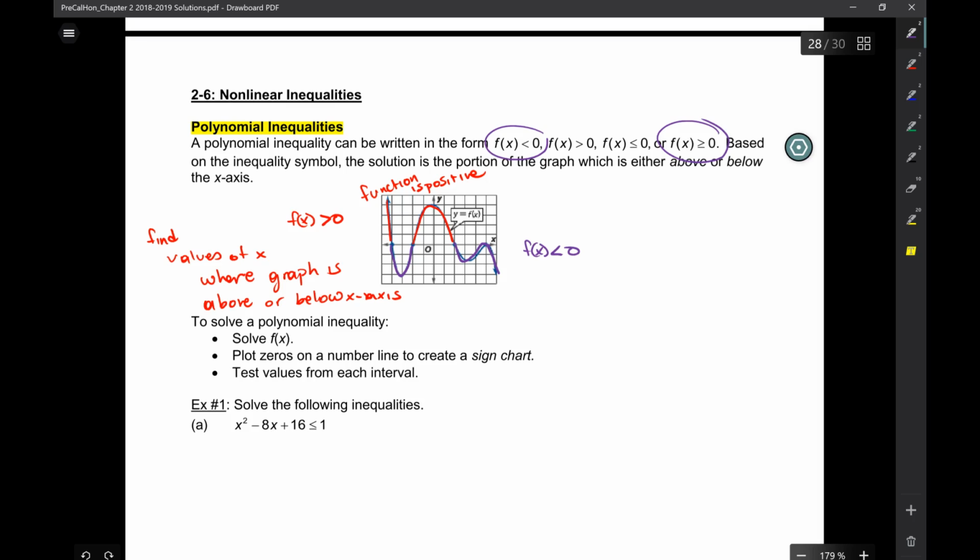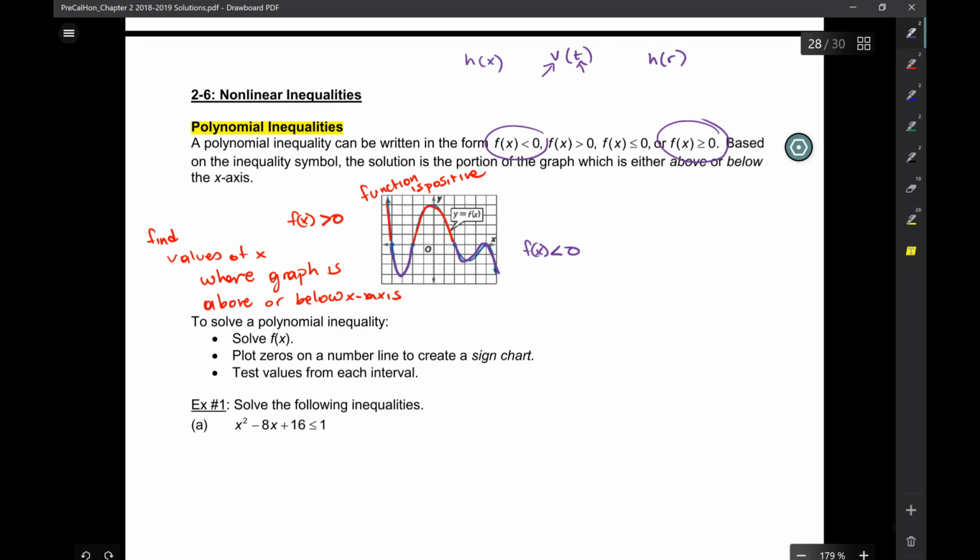Now, we say f of x, right? But that's not the only way we can refer to a function. The function can be called h of x. That means the name of the function is h, but the variable is x. A function can be called v of t. That means the name of the function is v, like velocity, and then the variable inside is t, right? It could be, let's say, h of r.